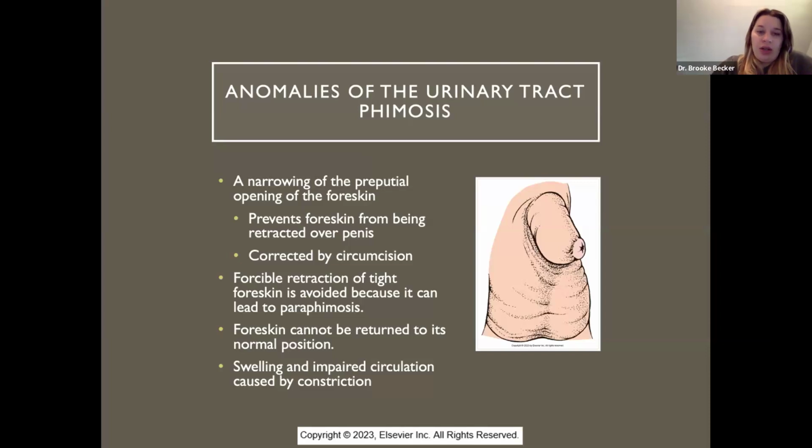And then you worry about the circulation. If you forcefully retract it, it can't ever return to its normal position. A lot of times you'll have swelling and impaired circulation because of the constriction. So shortly after birth, if phimosis is identified, then this kiddo will need a circumcision.